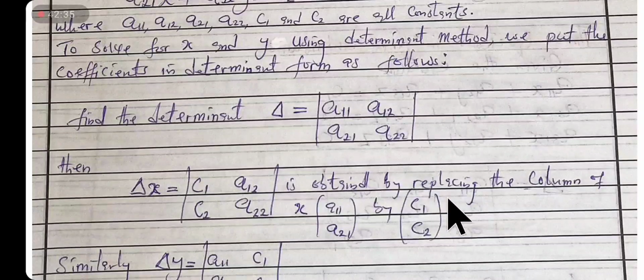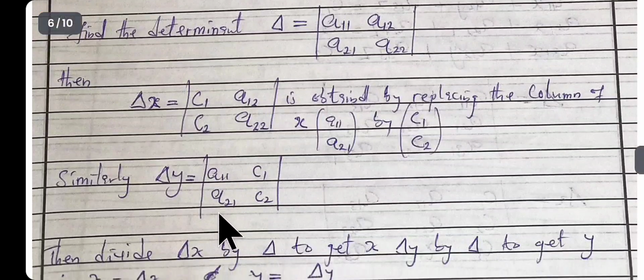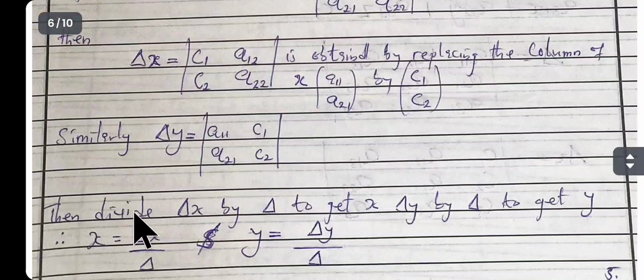It's obtained by replacing the column of x, which is this, by this. So for determinant with respect to y, it's going to be replacing the column of y with the constants c1 and c2. Okay, and then that is how to find their single determinant.